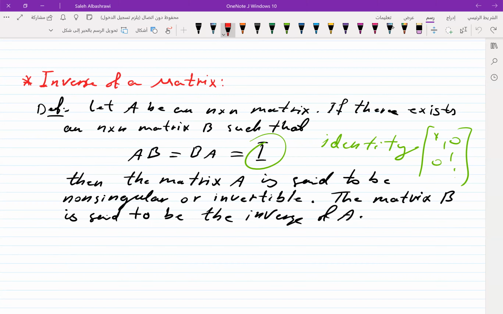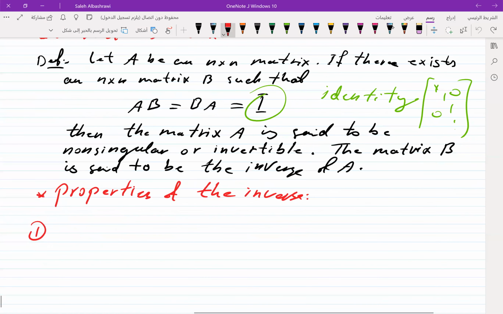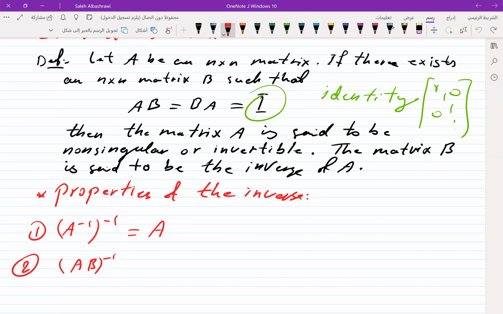For the properties of the inverse, number 1, the inverse of the inverse matrix will give me the original matrix A. Inverse of the inverse of A is equal to A. Number 2, the inverse of the product A times B equals B inverse multiplied by A inverse, reversing the order.